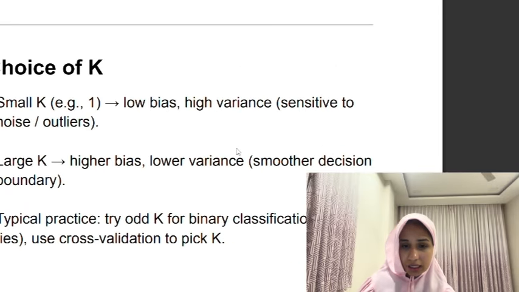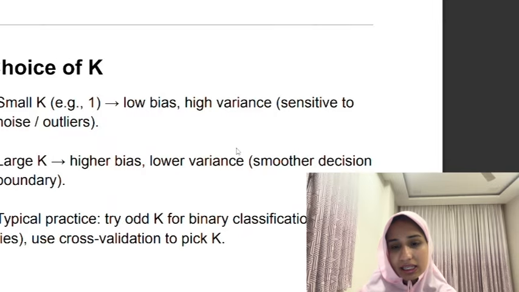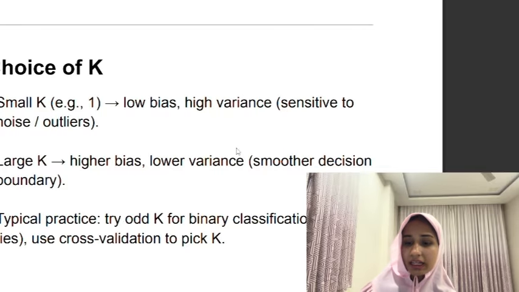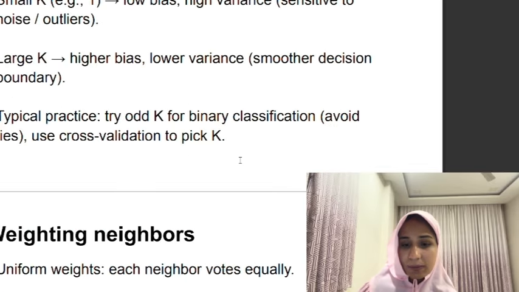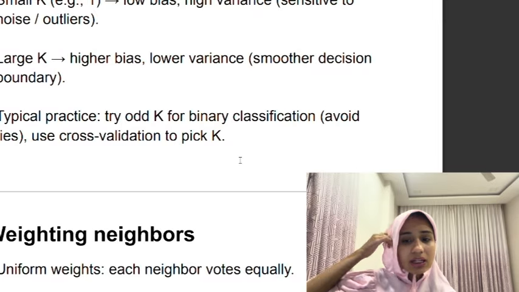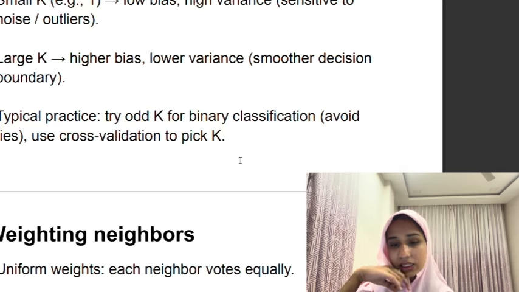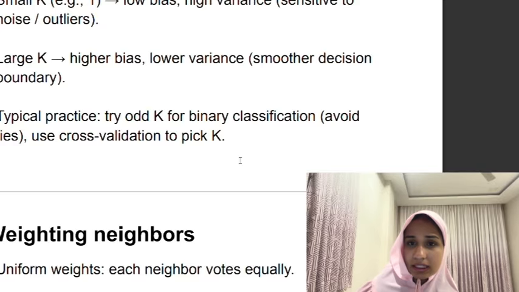Now the choice of k. Small k, for example 1, means low bias, high variance, and is sensitive to noise and outliers. Large k means higher bias, low variance. Typical practice: try odd k for binary classification. Use cross validation to pick k. So if k is small, it means low bias, high variance, and larger k, higher bias, low variance.